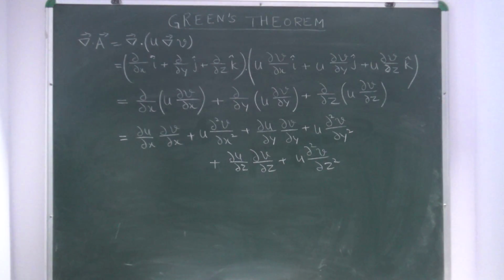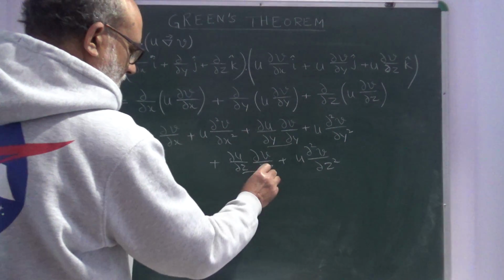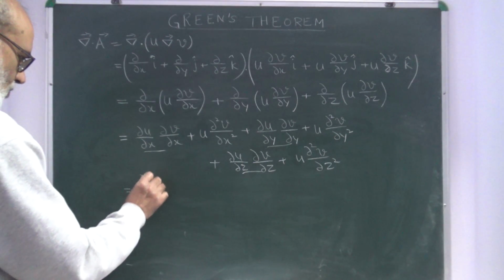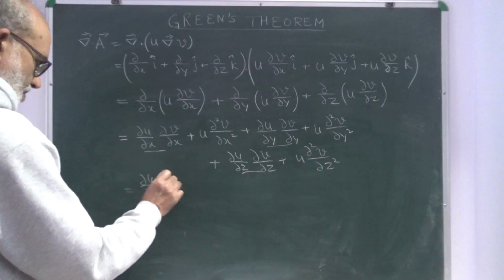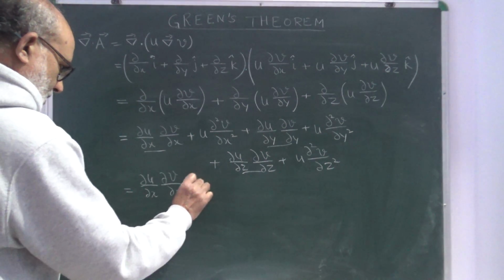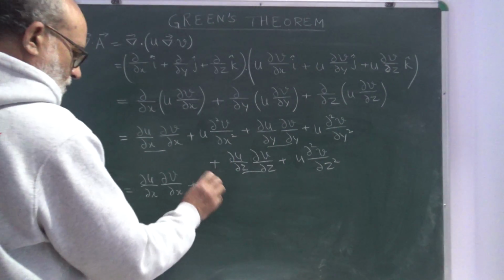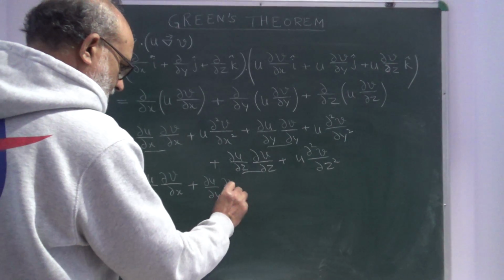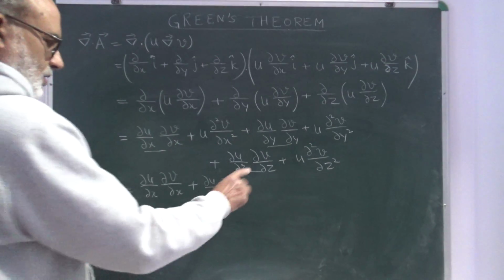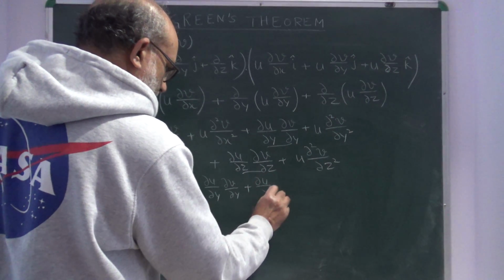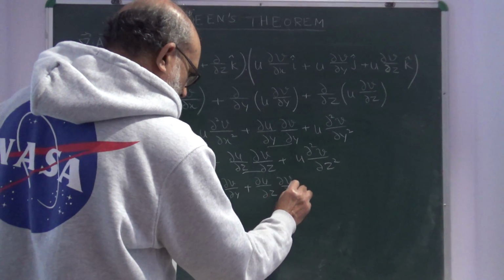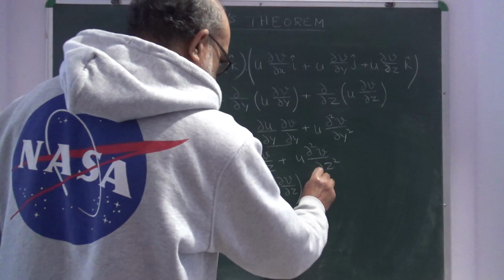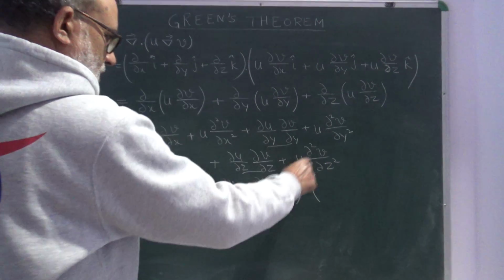Now we will rearrange. We will take this term and this term in one bracket and the remaining in another bracket. So it will be del u by del x del v by del x, plus this term del u by del y del v by del y, plus third term del u by del z del v by del z, plus the remaining terms, this one and this one.